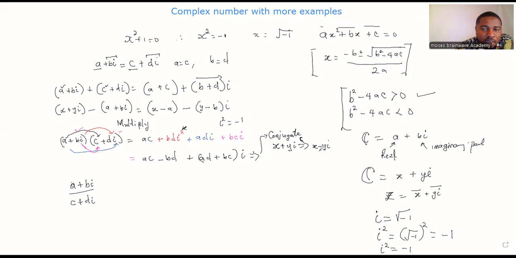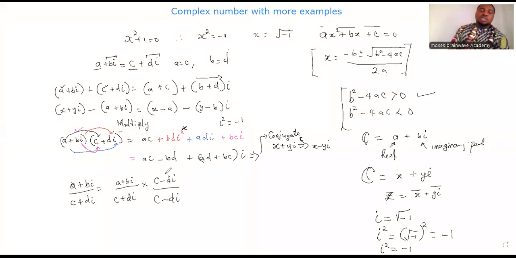And we know if you multiply any complex number by its conjugate, we're going to be having the real part of that particular complex number, which we have discussed before. So if I'm supposed to divide this, all I need to do is to just take the conjugate of the denominator and then multiply this particular expression by it.